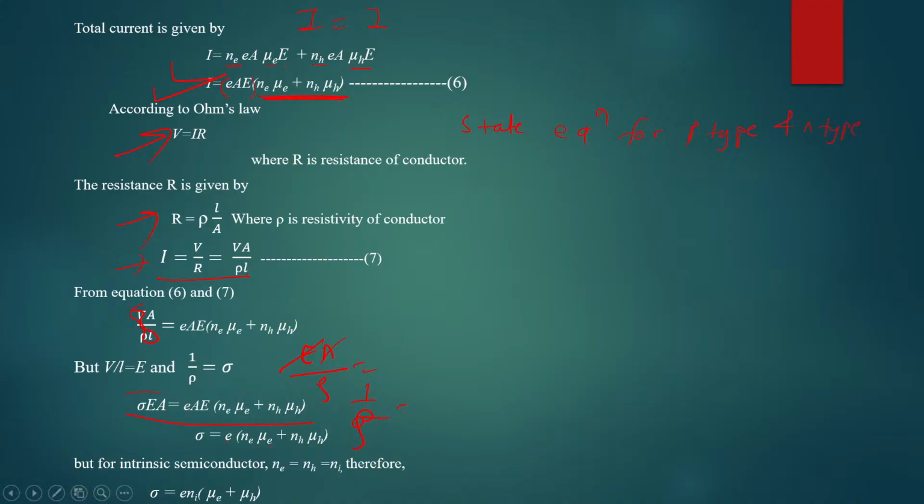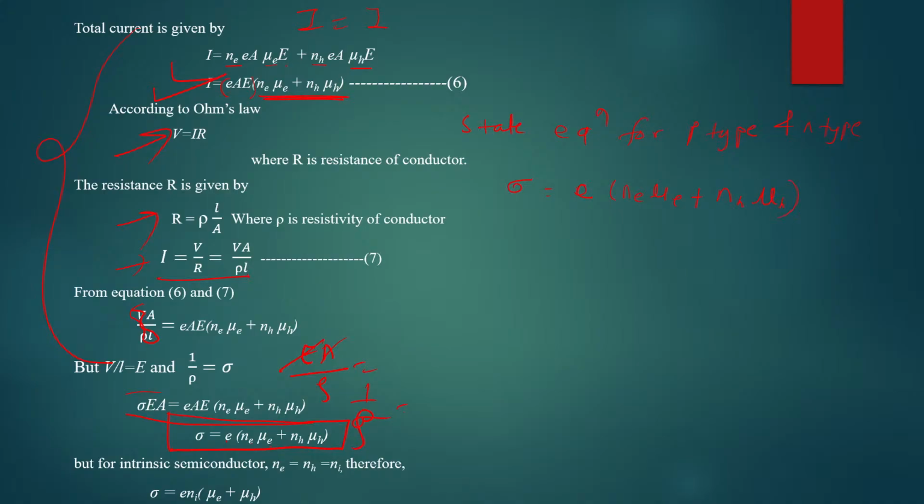This question is asked and you people don't know about it. So in this case, you know this equation, or you derive this equation for 10 marks. At the end, whatever, I am just writing the equation again, NE mu E plus NH mu H.